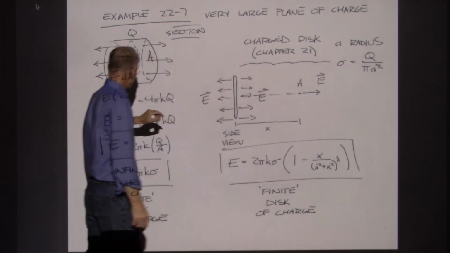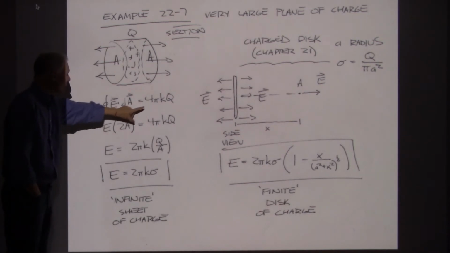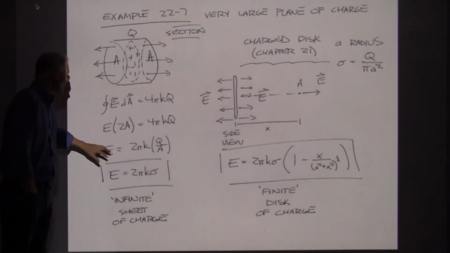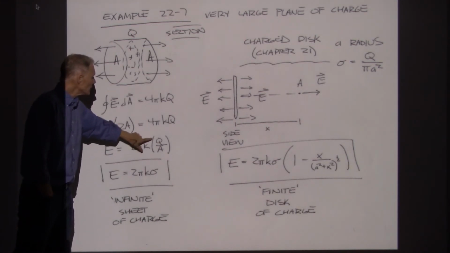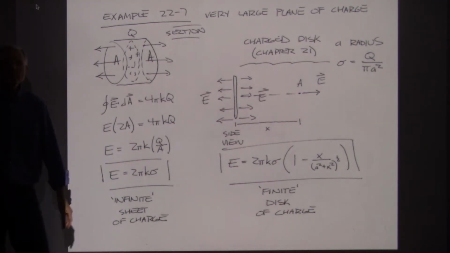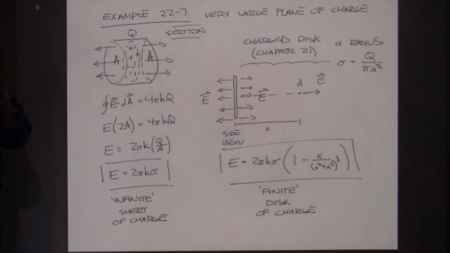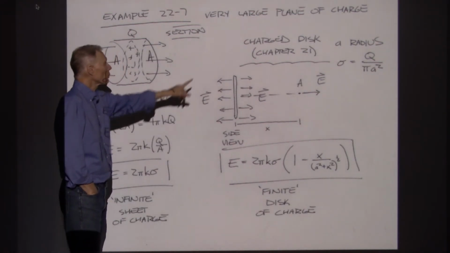And so what that leaves us with is that when we carry out this calculus, we've enclosed charge Q, and we're going to get an electric field that is 2 pi k times the charge enclosed divided by the surface area on just one side of that disk. All right, so since I've got Q over A, this is where I was headed with this.